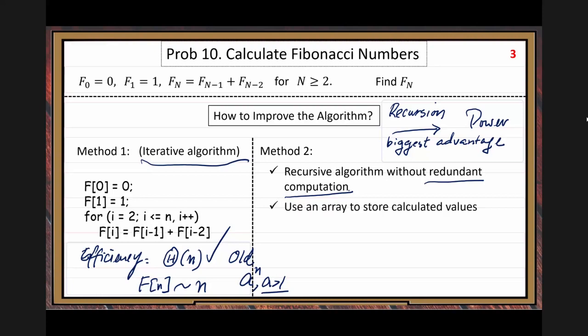Use an array to store calculated values. Every time after we calculate a certain Fibonacci number, we store it in the array. Make sure that no value is calculated more than once.